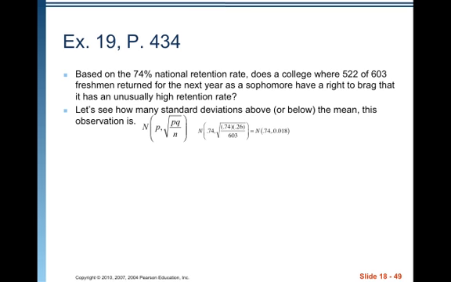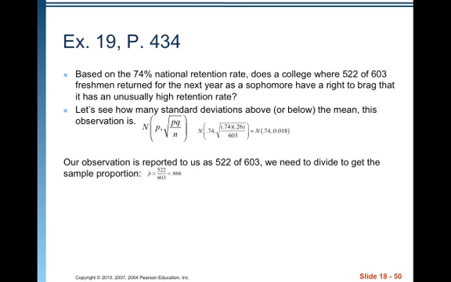So in this case, we're talking about the normal distribution centered at 0.74 with a standard deviation of the square root of 0.74 times 0.26, all divided by 603. So our standard deviation is actually a little smaller here, at 0.018.